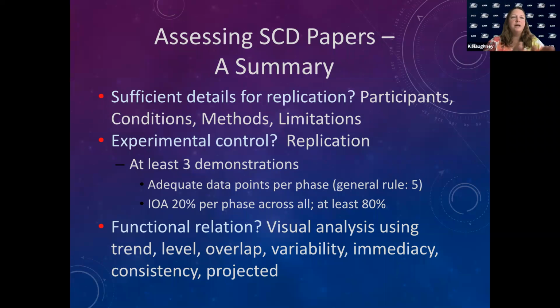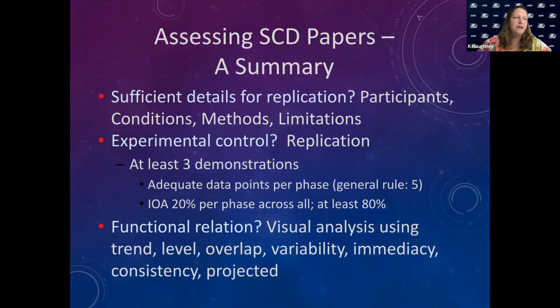And for each one of those the agreement should be at least 80%. Those standards are always changing just slightly, and everyone's always looking for more than that. But if it's lower than 80%, then you may get some serious questions about your measurement and the internal validity of your study.